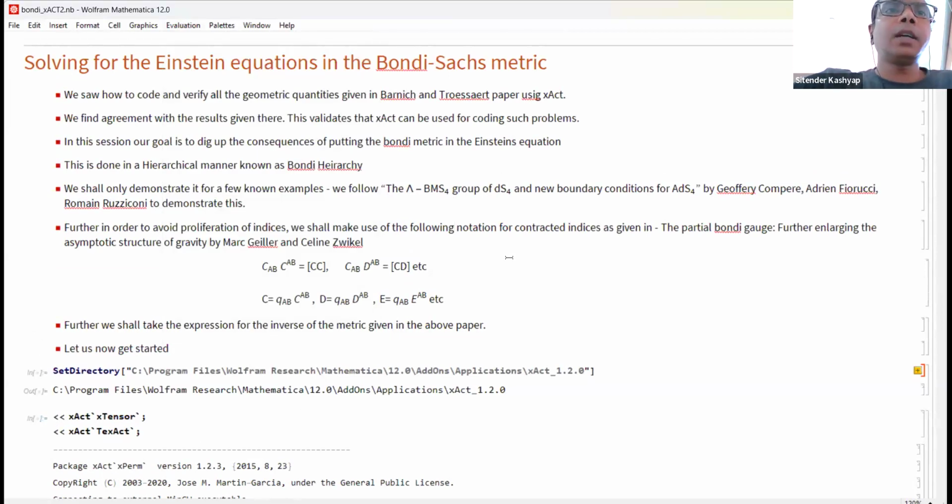So having found that the Einstein equations are correct, now we go on to see how we actually solve in the Bondi hierarchy.